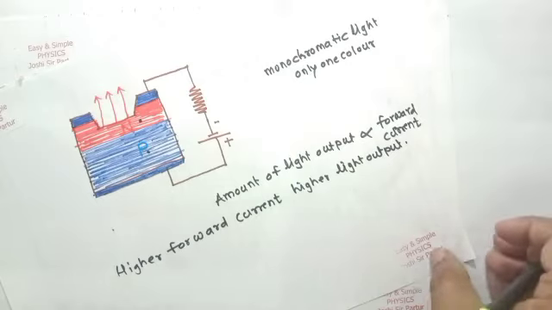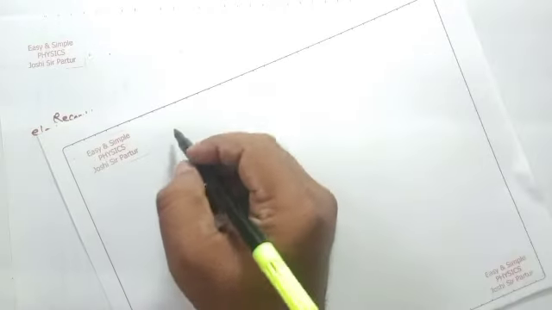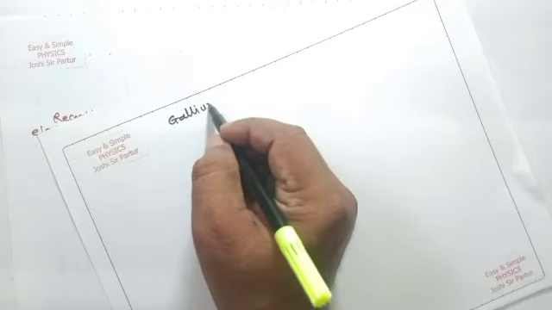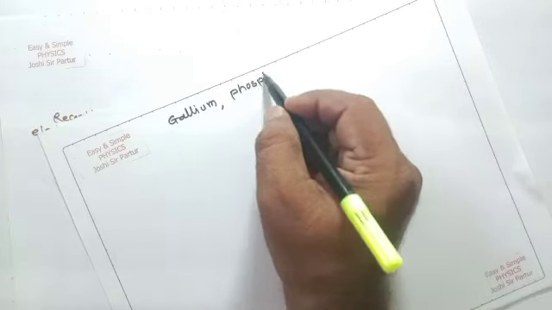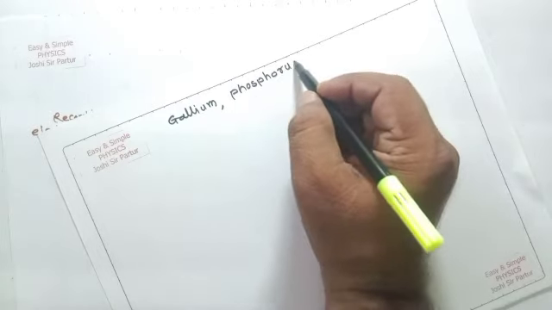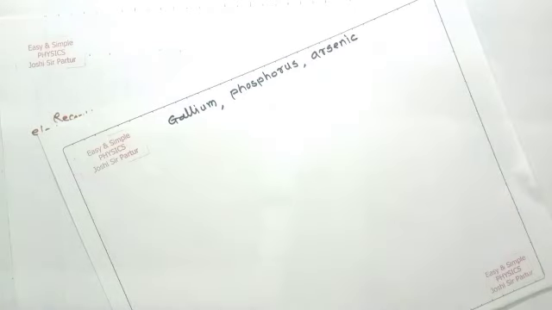So LEDs are fabricated using compound semiconductor materials with elements like, see here, gallium, then phosphorus, arsenic. By varying the proportion of these elements in the semiconductor material, it is possible to produce light of different wavelengths.